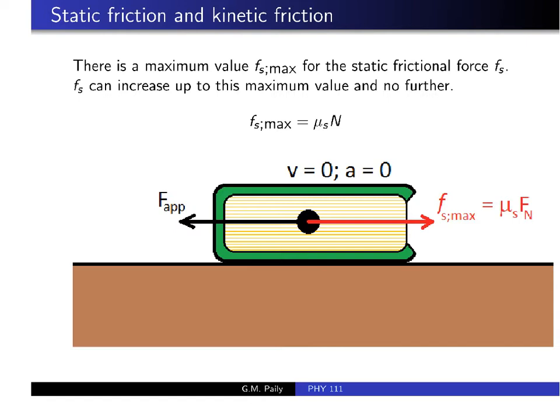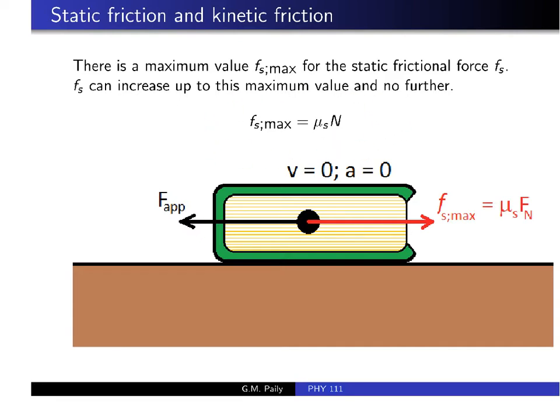So the equation we write is F_s max is equal to mu s times N. Now let's note a few different things. 1. The static frictional force is adjustable. It can take any value from 0 in magnitude to the maximum magnitude of mu s times N.